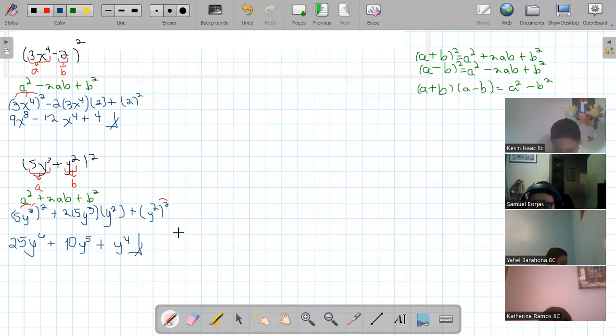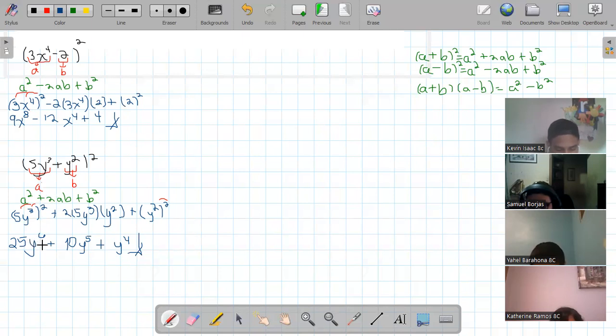If I ask you, what is the GCF of this trinomial? What would you say? What is the GCF? Y. Only y? 5y. Y to the fourth power. Remember, when we take out the GCF, it will always, always, always be the variable with the smallest exponent if and only if the variable is repeated in every single term.